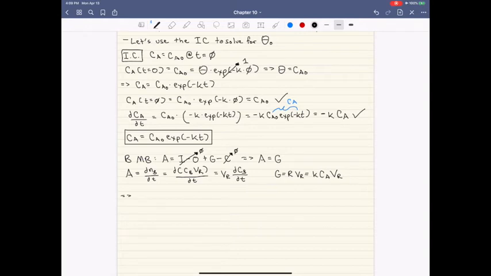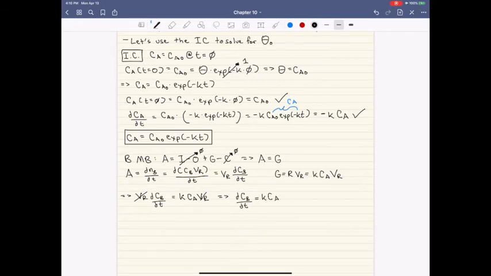So if we put together our material balance, what we have is Vr dCb/dt is equal to K Ca Vr. Volumes on both sides, so they cancel out. And so what we have left here is dCb/dt is equal to K Ca.